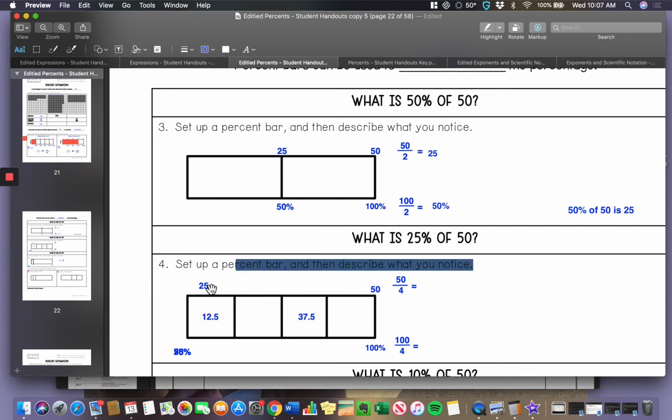So 12.5 plus 12.5 is 25, and 25 plus 12.5 is 37.5. So I know that that one would go there. So each box is worth 12.5.